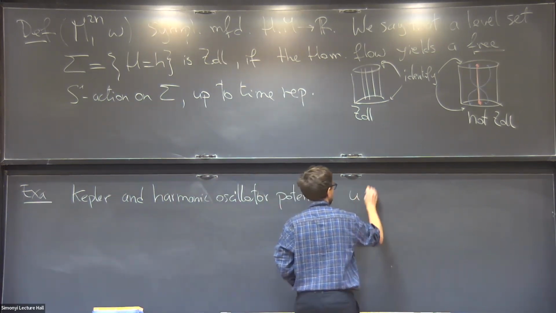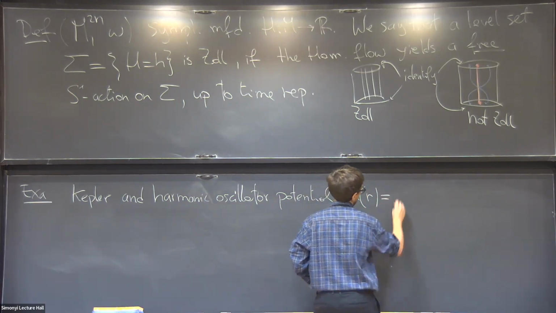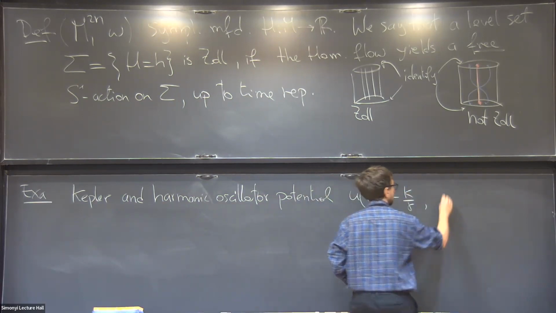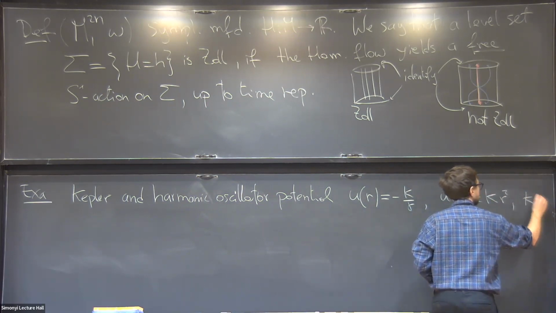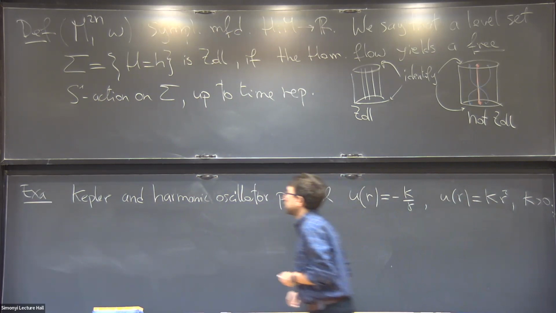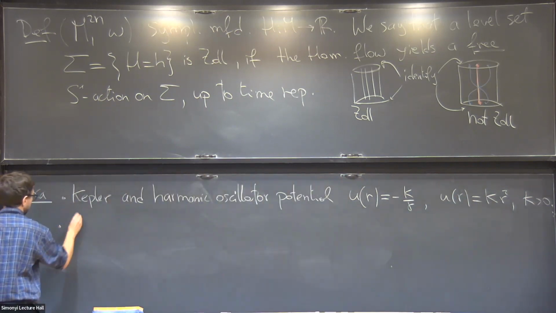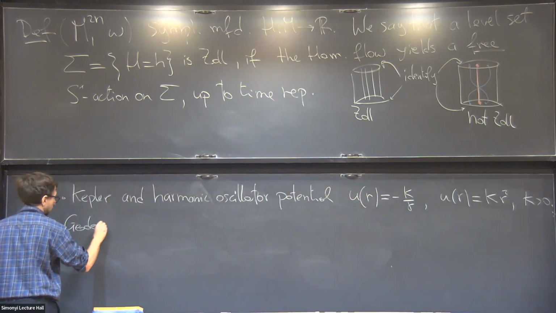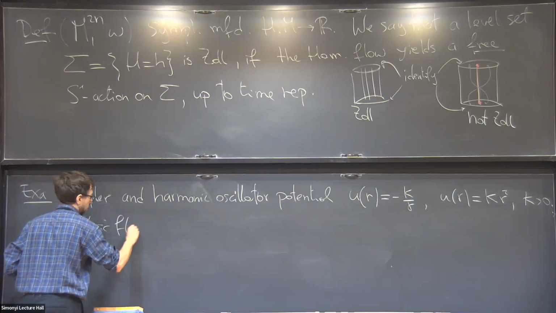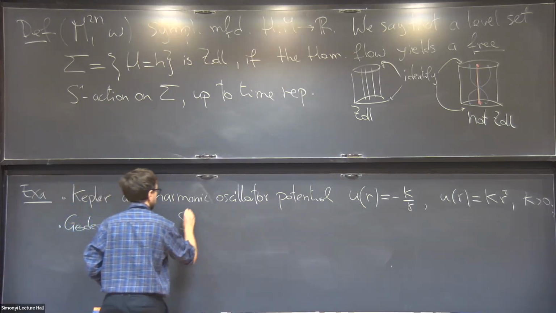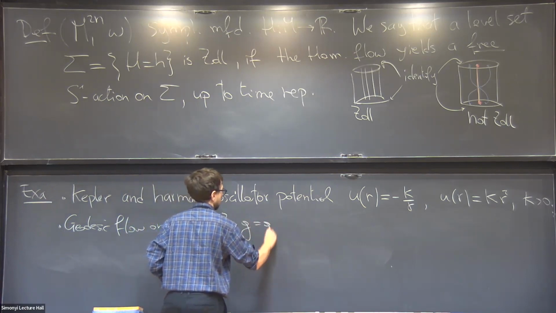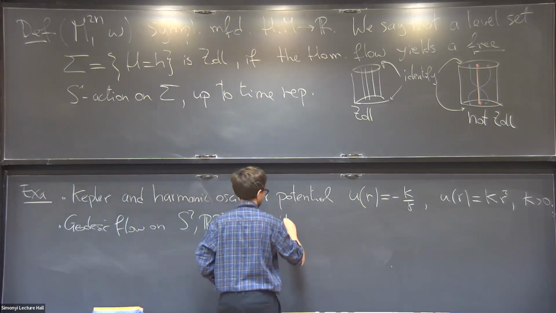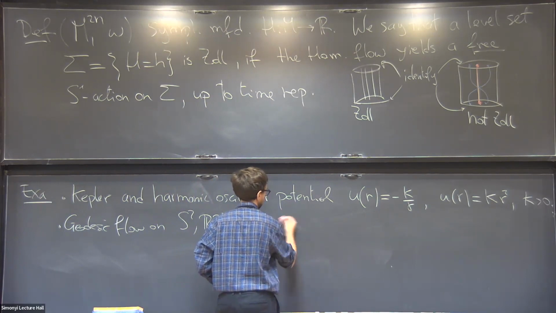So this is the case U(r) equal to minus k over r, or U(r) equal to r squared, or you have geodesic flow on S2 or RP2, with g the standard round metric, as well as the constant curvature metric.